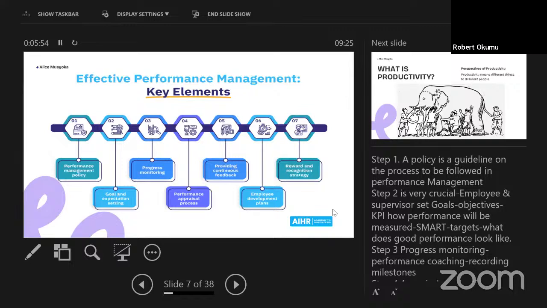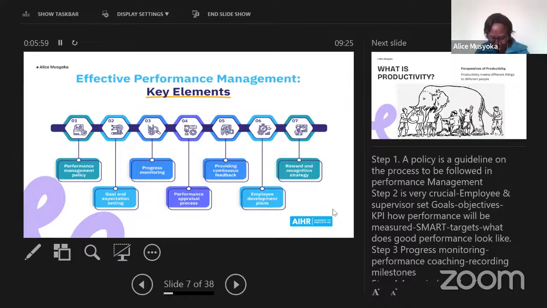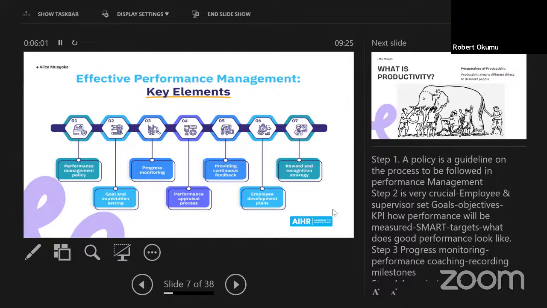There are some whereby the targets may be very clear, that can be calculated and you actually see this is a performance. But then there are also, because of the nature of the work or the mandate, it is not very easy to compute what someone has been able to do.